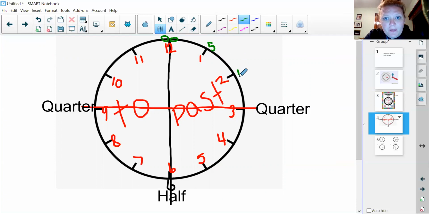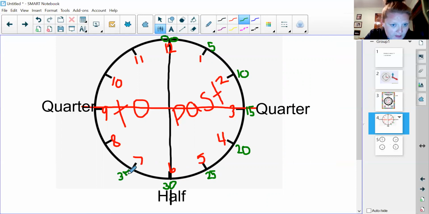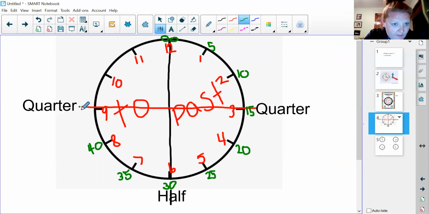Now let's go ahead and count by fives. We have 5, 10, 15, 20, 25, 30, 35, 40, 45, 50, 55 up here.